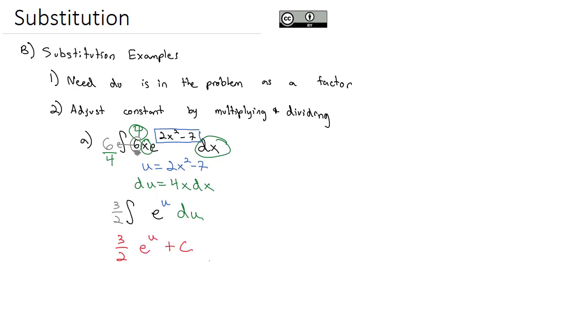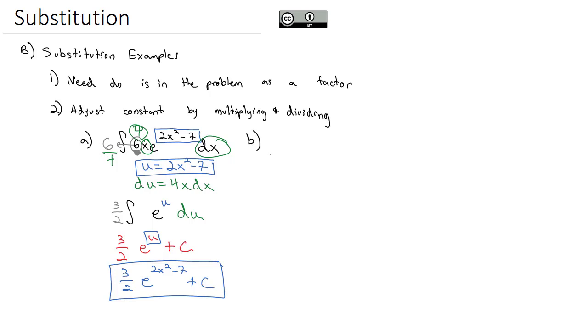And of course, we need a plus c. The only thing to fix then is that exponent of u. u is 2x squared minus 7. So we have 3/2 e to the u, which is 2x squared minus 7, plus a constant. We now have the antiderivative of our problem.